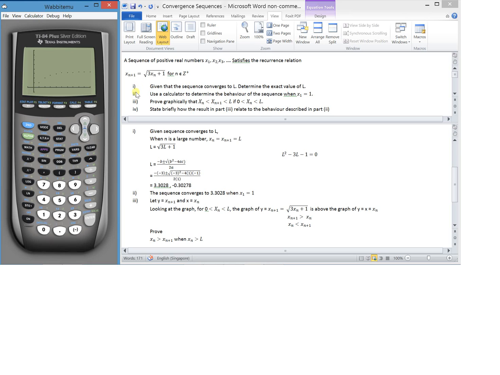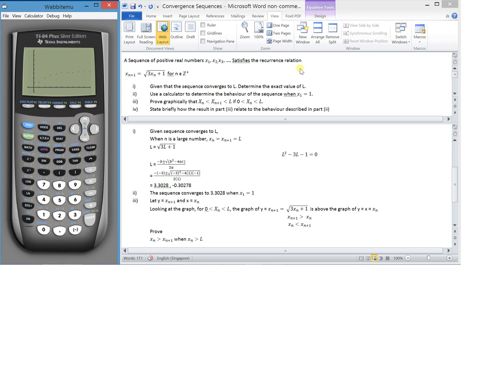Then the next part of the question is to use the calculator to determine the behavior of the sequence when x1 equals 1. It means the first term that we start with actually matters. Let me give you an example.